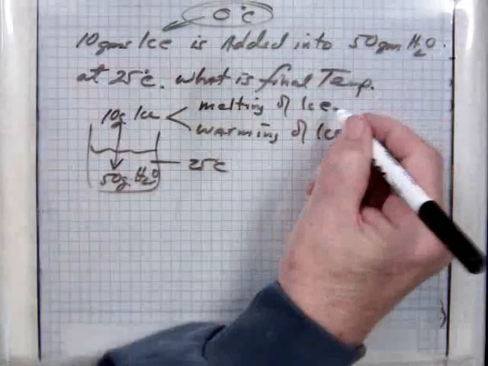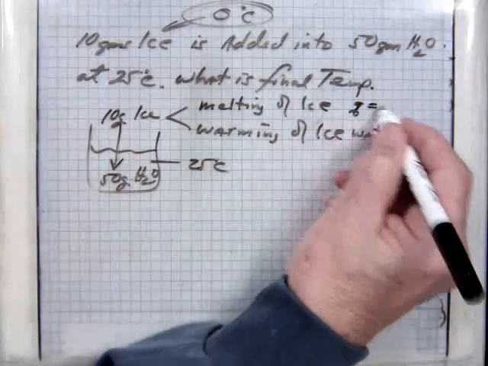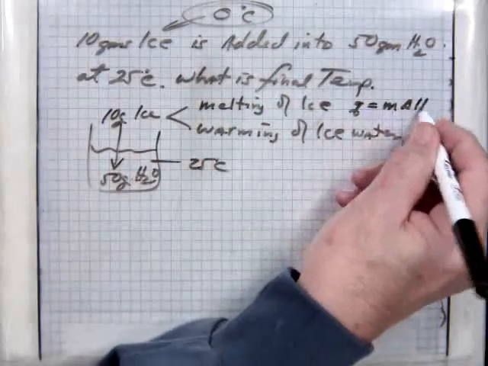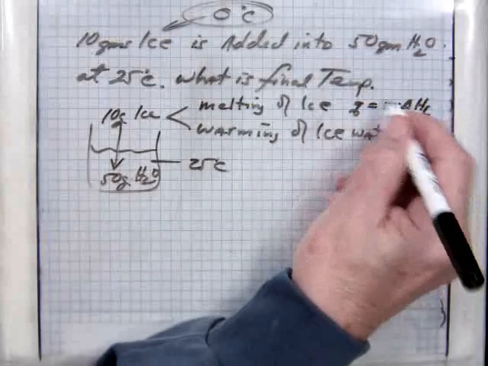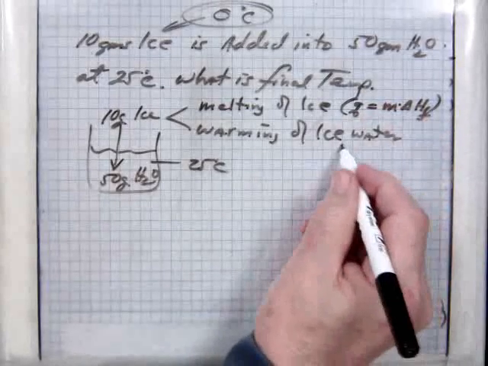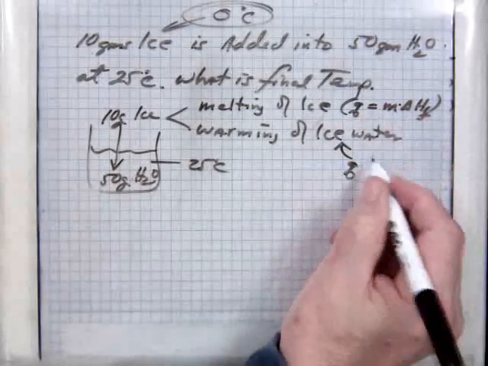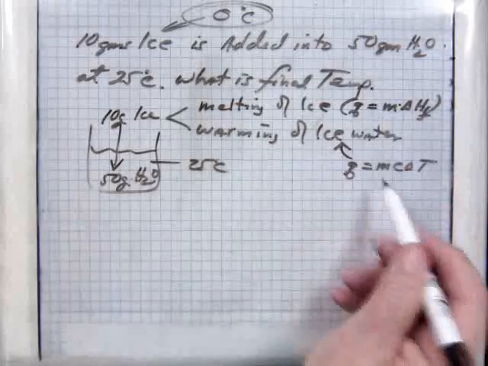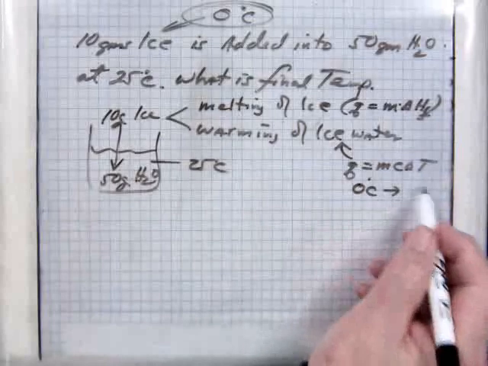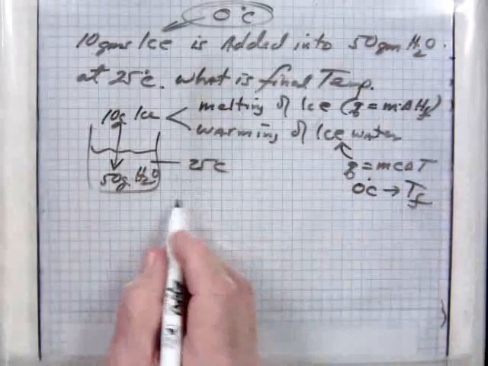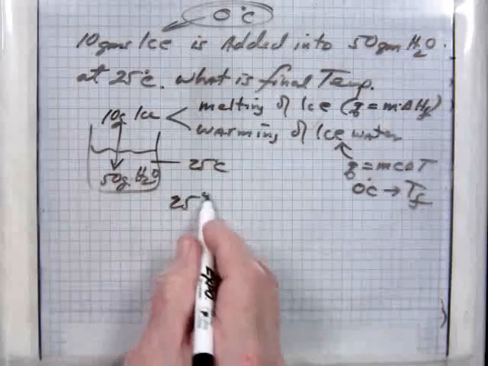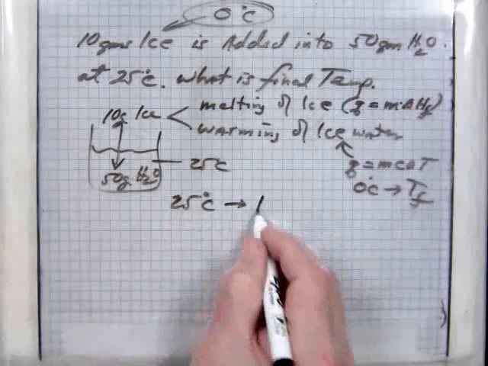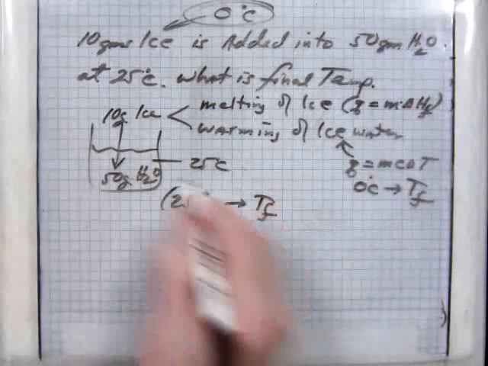Well, that's a phase change, so you will use Q equals M delta H of fusion in there. This one is an MC delta T to the final temperature from 0 degrees Celsius to T final. Well, this one is 25 degrees Celsius to T final, whatever it's doing.